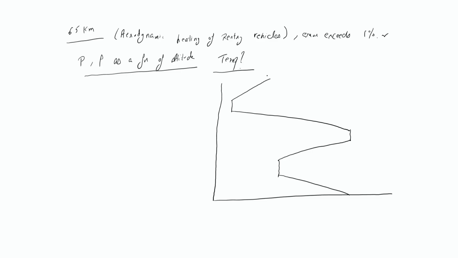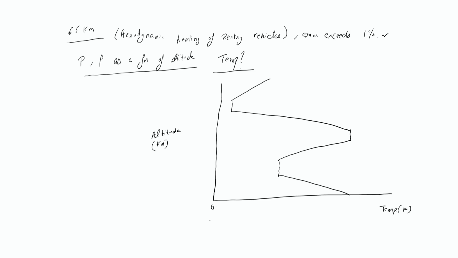So here in this axis we have altitude, let me write in kilometers. And in this axis we have temperature, in Kelvin.